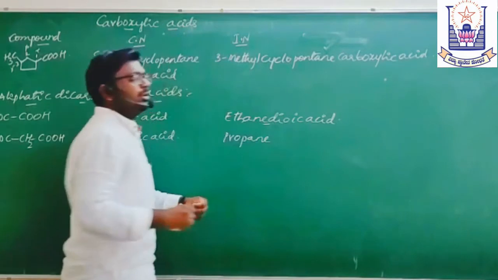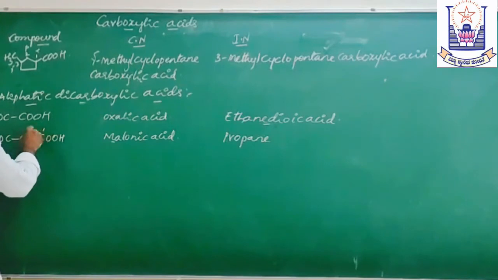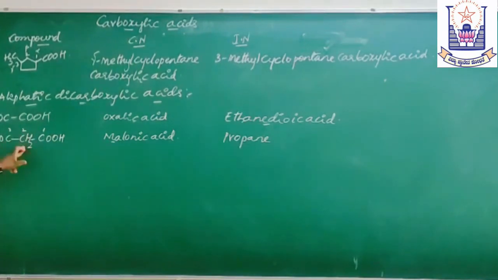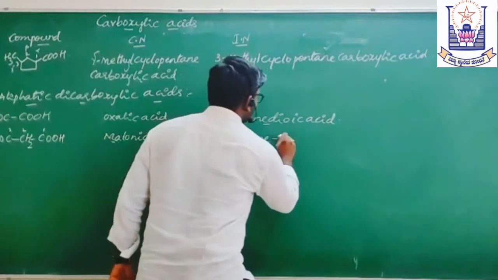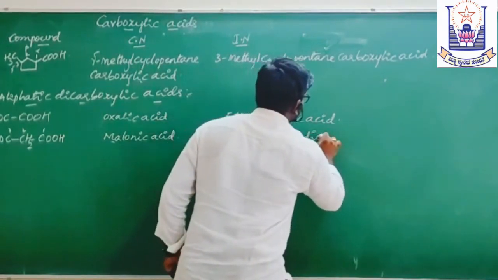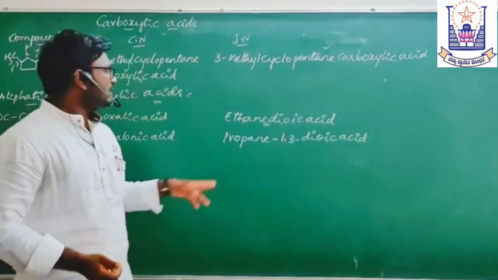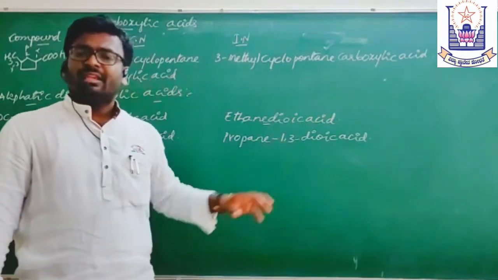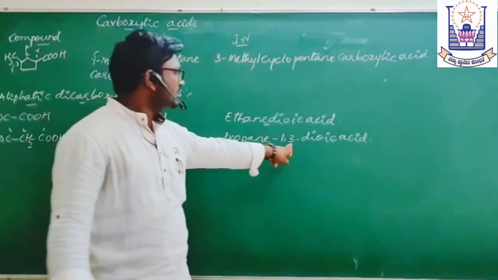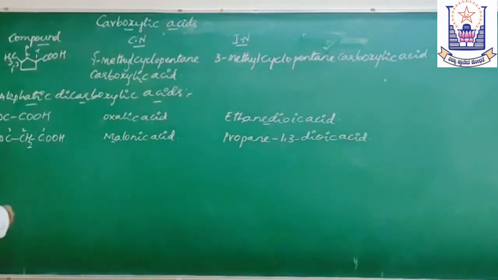What are the positions of these? This is 1, 2, 3. Where the dioic acids are present at positions 1 and 3. So we can give propane 1, 3 dioic acid. Here we can simply write propane dioic acid, or we can write propane 1, 3 dioic acid. It is a very systematic name when you mention the positions. Okay. Yes. Go for the next member.